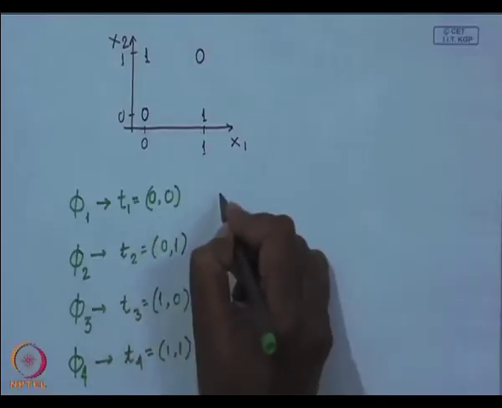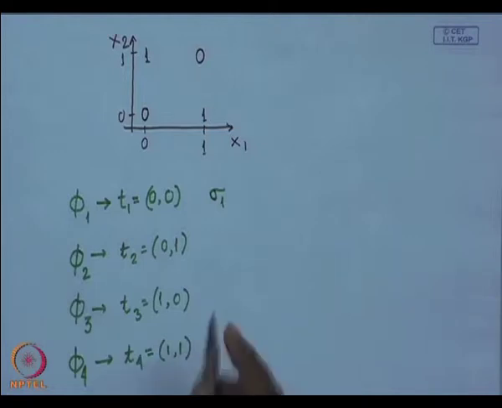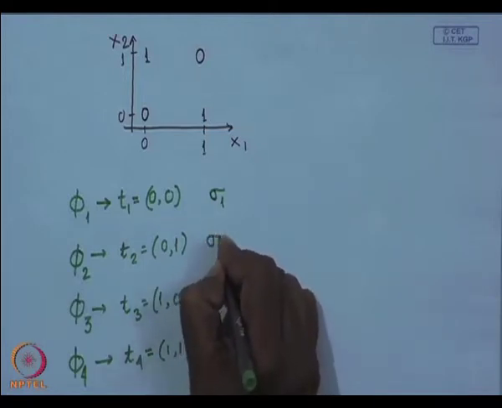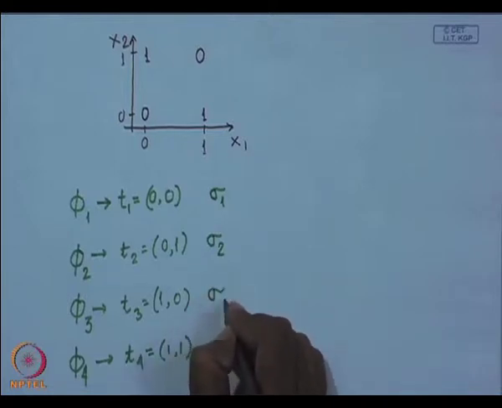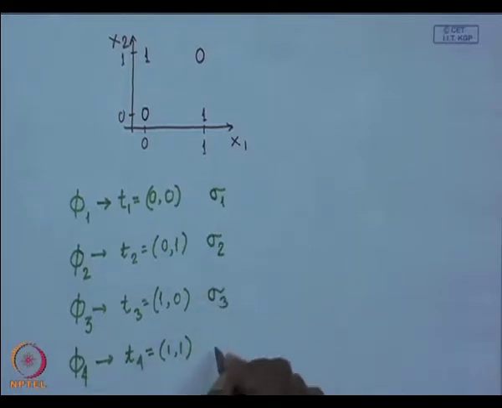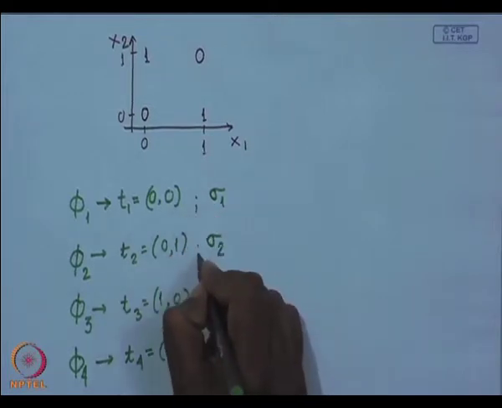Next, I have to choose the spread: sigma 1 for the first radial basis function, sigma 2 for the second, sigma 3 for the third and sigma 4 for the fourth.